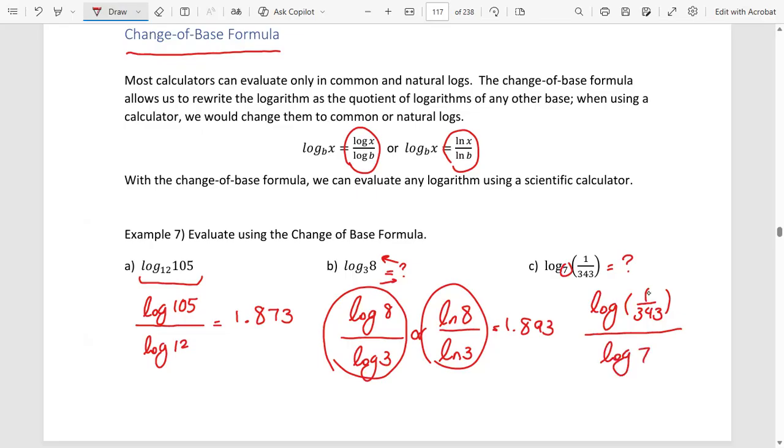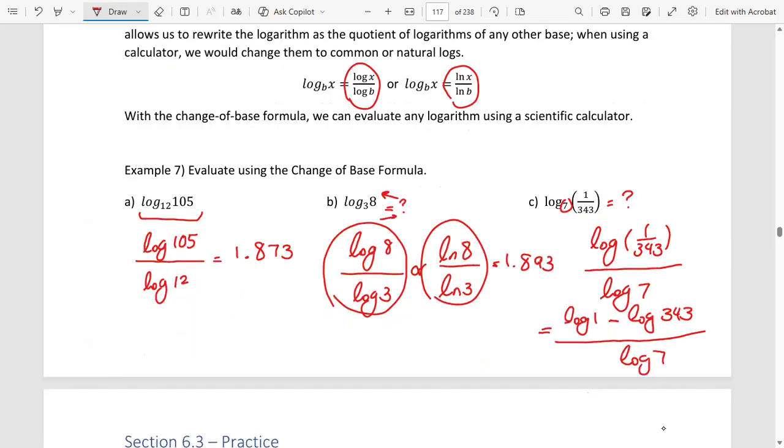I can type 1 over 343 in the calculator, or I can use the quotient rule and just write it as the log of 1 minus log of 343. And I know one of the properties of the log says that the log of 1 with any base is always 0.